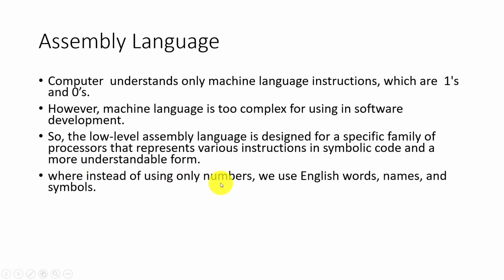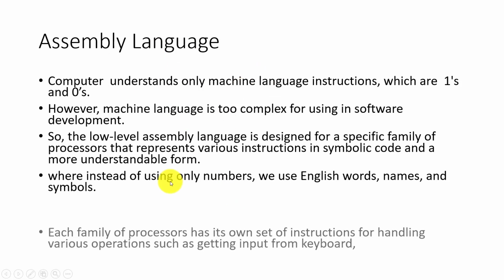So instead of using binary numbers 0 and 1, we use English words, names and symbols, which are nothing but the instruction codes or opcodes and mnemonics. By using these English words, we write programs or instructions called assembly language.